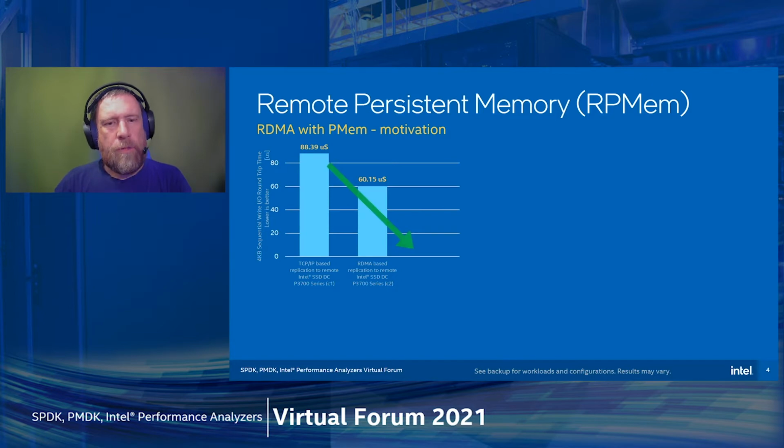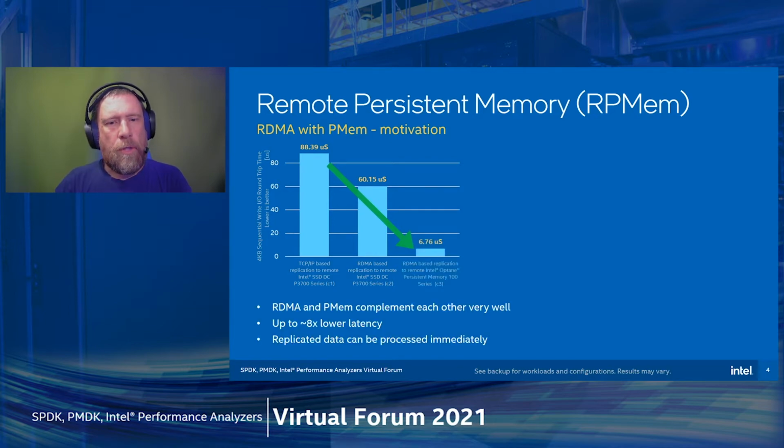RDMA has already been identified as a solution to improve performance of traditional storage replication. But we can see something completely new in terms of remote persistent data access performance when we put RDMA and persistent memory together. Why is it so fast?